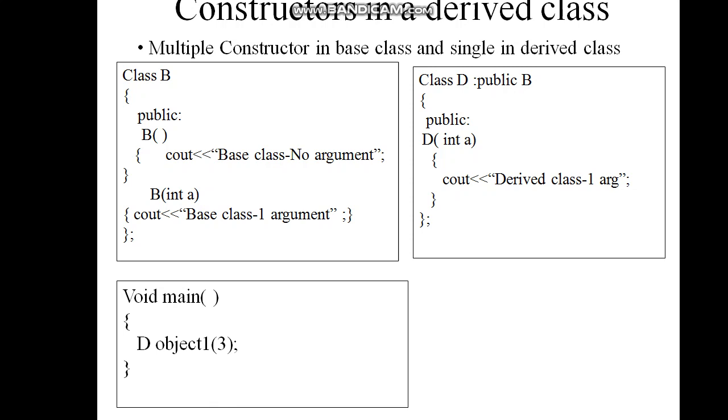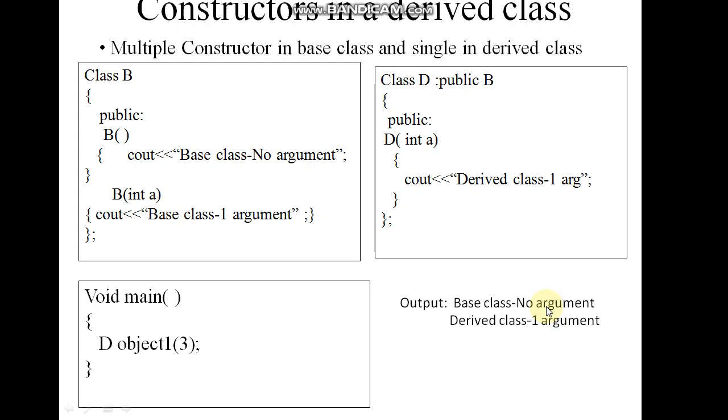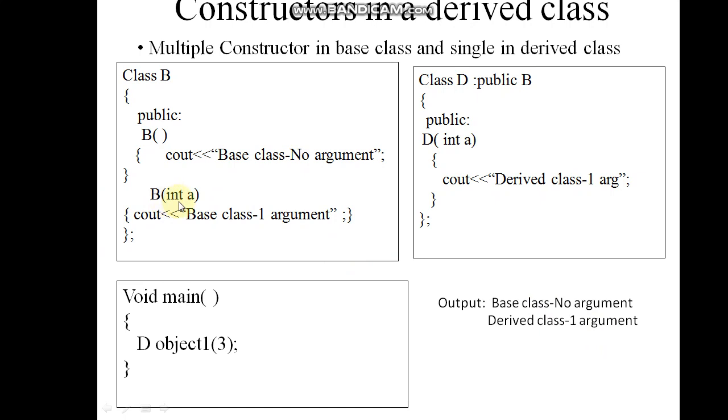So compiler will call the default constructor, so it displays base class with no argument. Then derived class constructor will be called, which receives one argument. This constructor will not be called as D is not passing any parameter to this constructor.